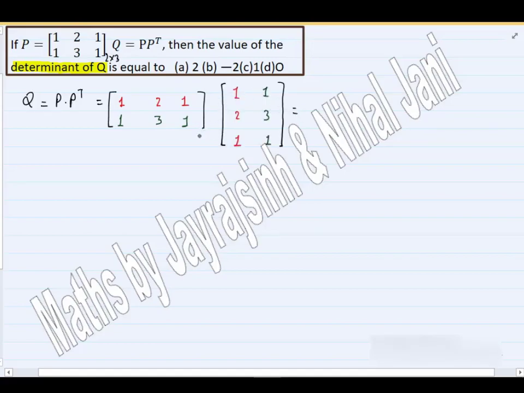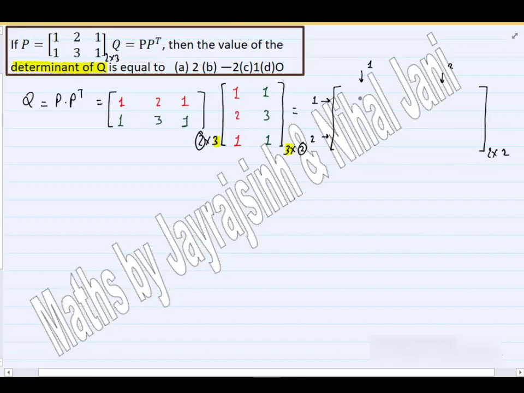Now here P is of order 2 cross 3 and P transpose must be of order 3 cross 2. So here these two numbers are same and our resultant matrix will be of order 2 cross 2. That means 2 rows and 2 columns.